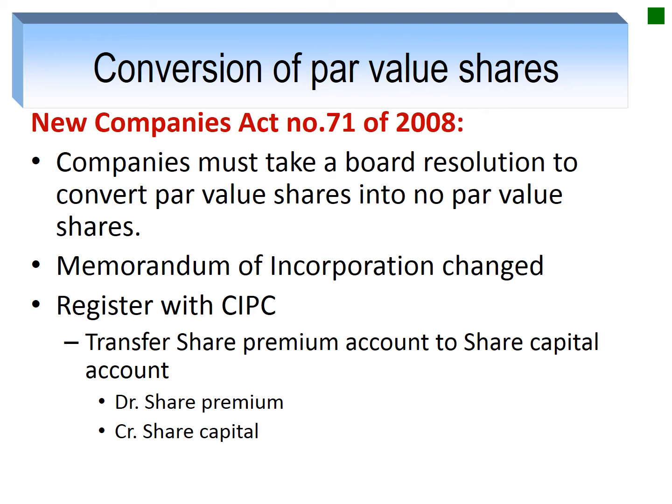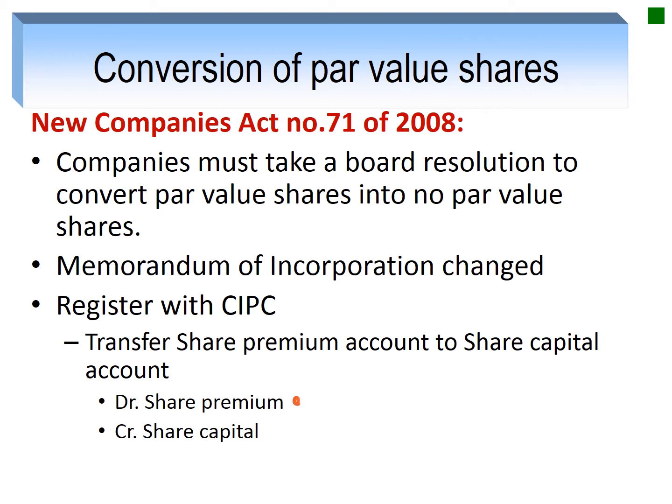So companies that had par value shares and had share premium on the par value shares have to take a board resolution that they want to change their par value shares into no par value shares, and they have to register the change. Once that's been done, we can do an accounting entry where if the par value shares had been issued at a premium, we now have to get rid of the share premium account, and we have to take the share premium account and transfer it to the share capital account.